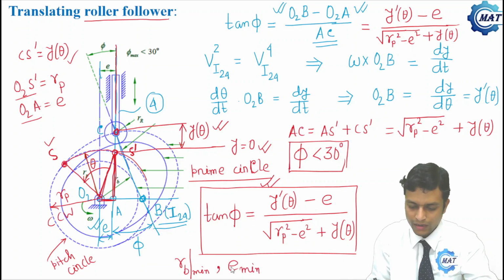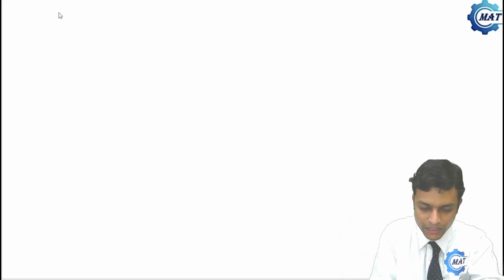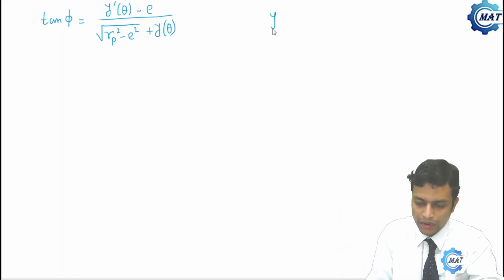We will do it by the graphical method here. The expression of pressure angle is tan of phi equals y prime theta minus E divided by root over RP square minus E square plus y of theta.